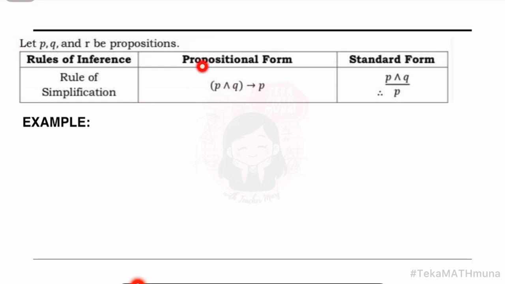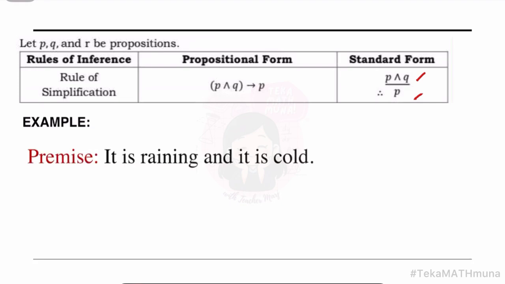It states that if you know P and Q are both true, then you can conclude that P is true. Symbolically, if P and Q, then P. For example, it is raining and it is cold.